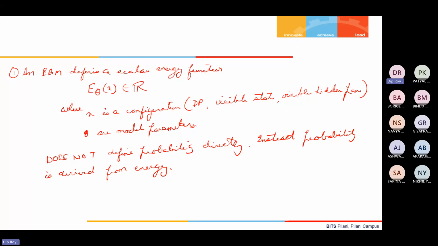Key concept here. Now, the second concept to keep in mind is how we go from energy to probability.